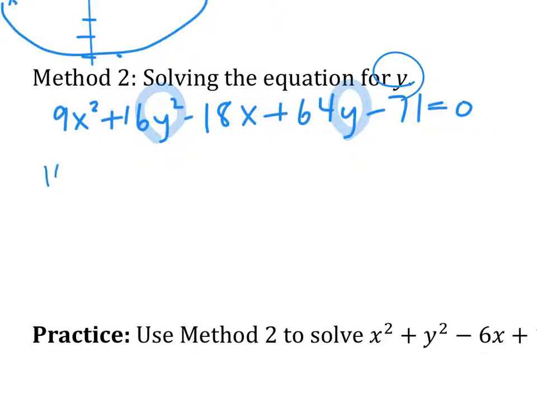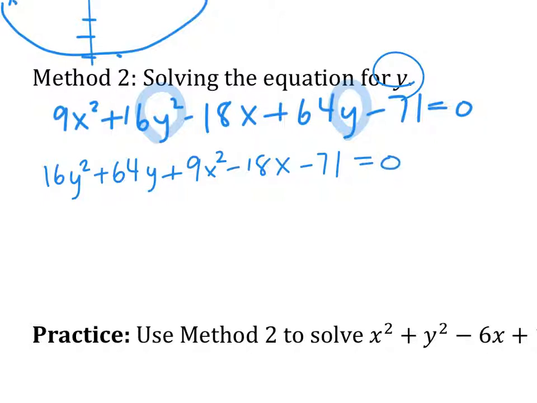So 16y squared plus 64y plus everything else. Everything else includes 9x squared minus 18x minus 71. And that's all equal to 0. Again, I am trying to solve for y, so I'm going to think that y is my only variable. Everything else doesn't matter. It's all lumped into one thing.